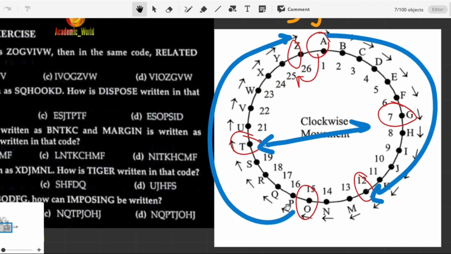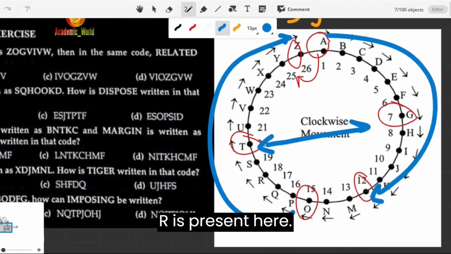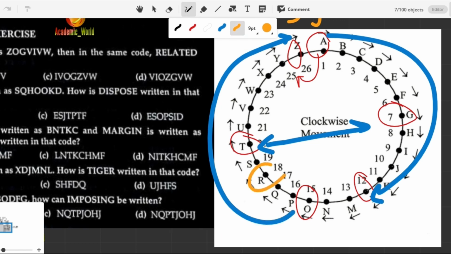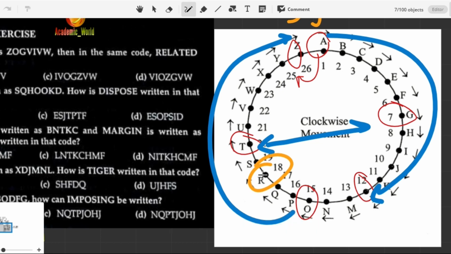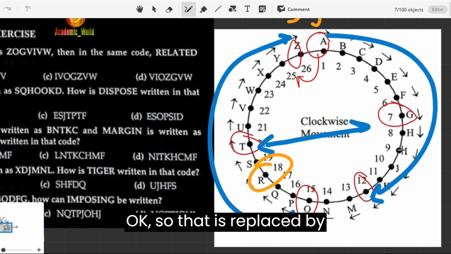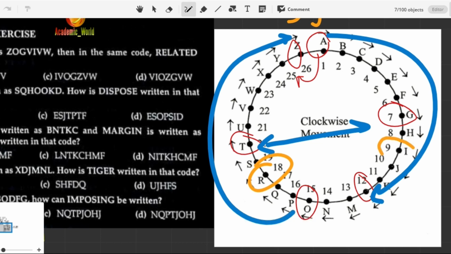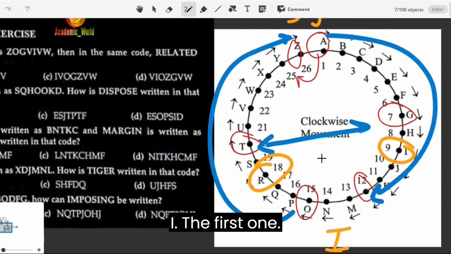R is at number 18, and counting from the other end, at 9 the letter I is present, so R is replaced by I.